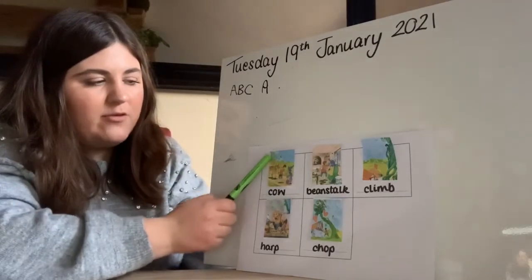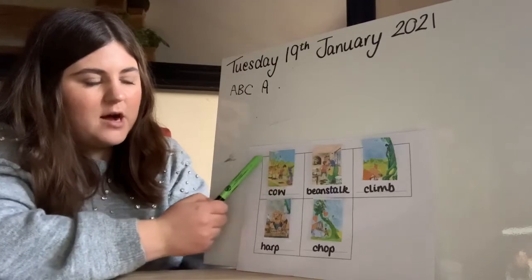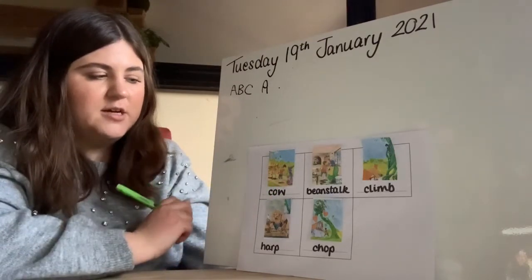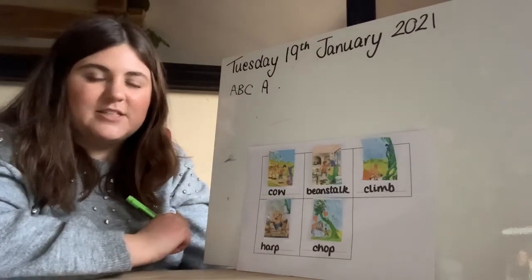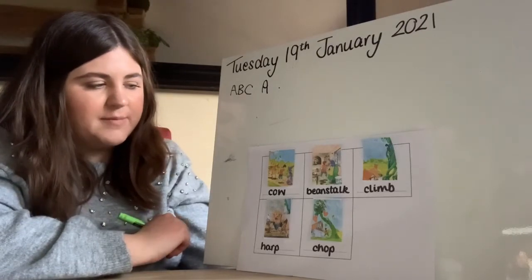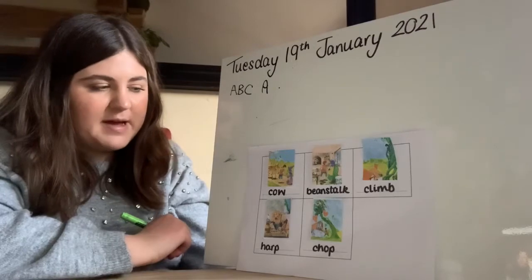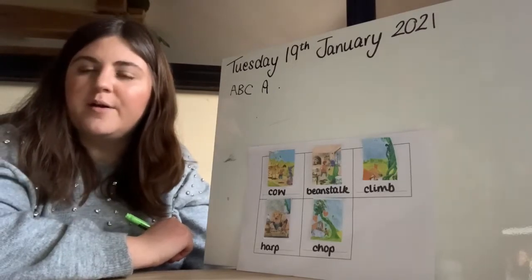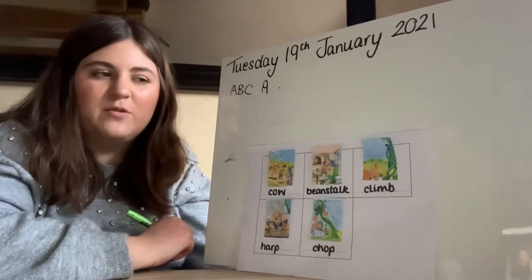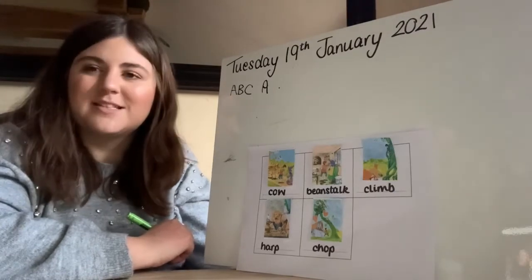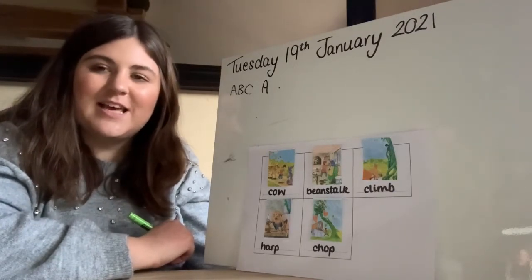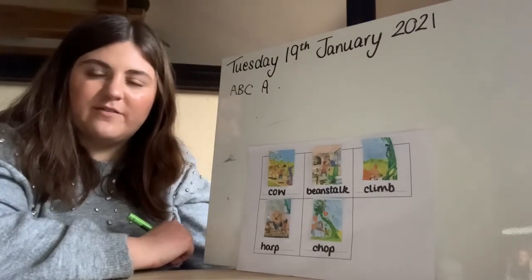If we look at our first picture, we can see that Jack is taking his cow to the market, but he gets stopped by a man to exchange the cow for some magic beans. So that is the sentence that we are going to write first.